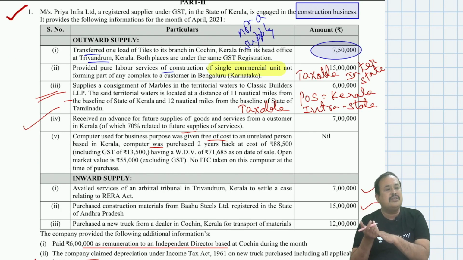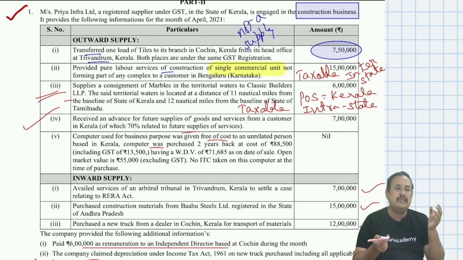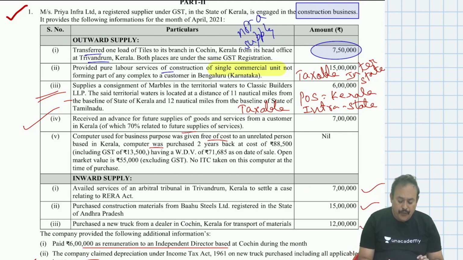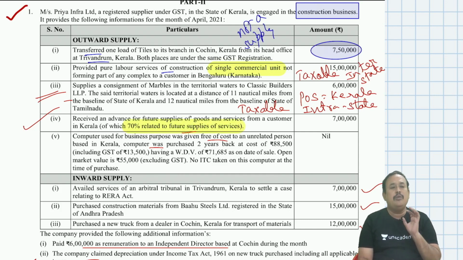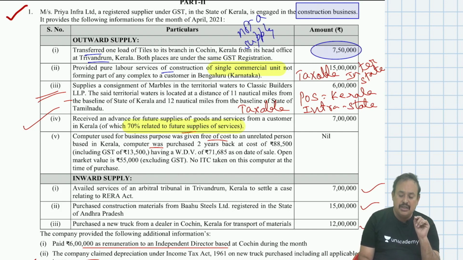Received advance for future supplies of goods and services from a customer in Kerala, of which 70% relates to future supply of services. Now, my dear friends, 7 lakh is the total amount received in advance.